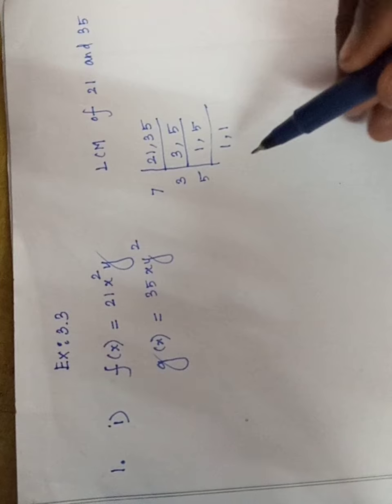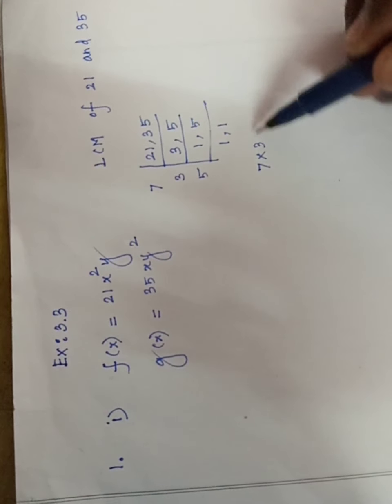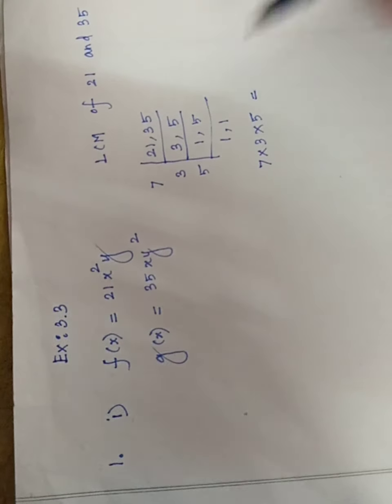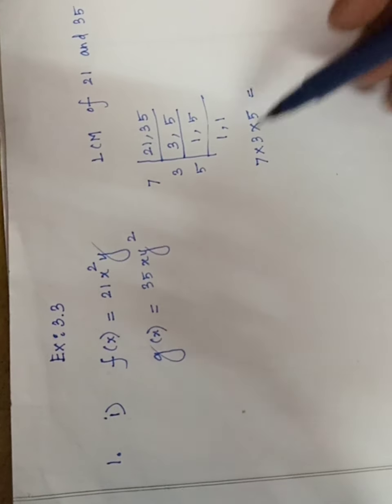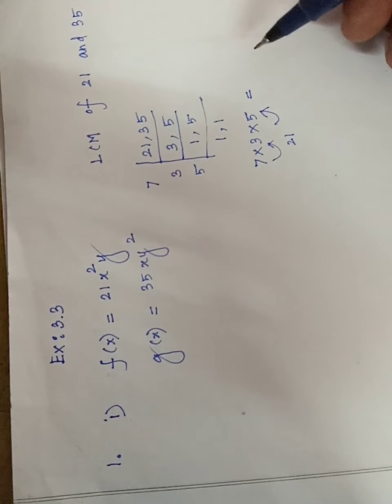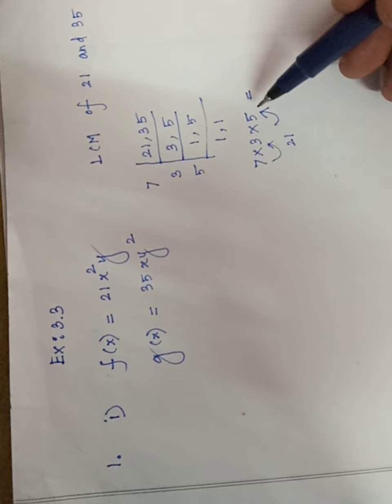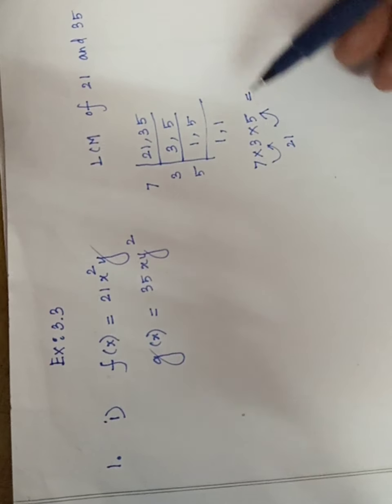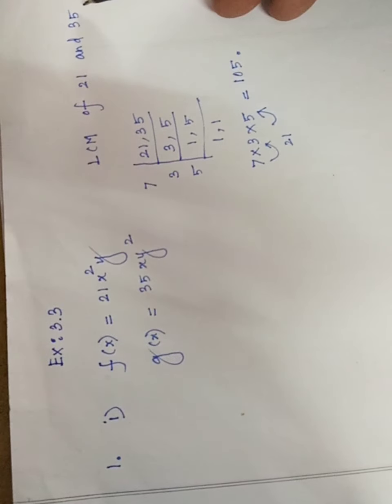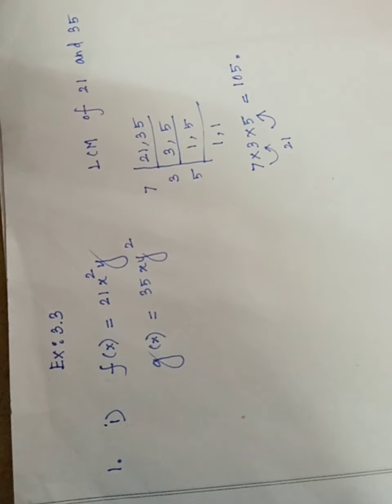So now we get 7, 3 and 5. The product of these three numbers: 7 into 3, 21. 21 into 5, 5 into 20, 100, 105. So LCM of 21 and 35 is 105.